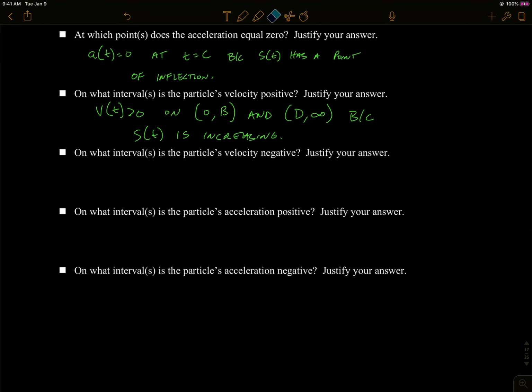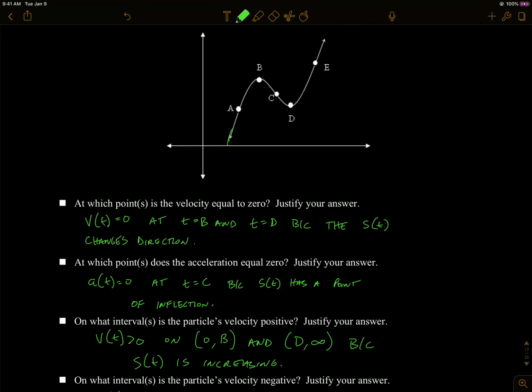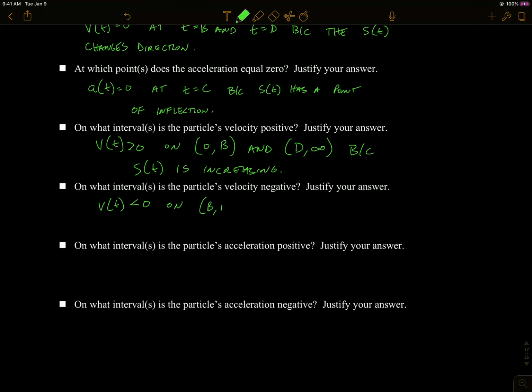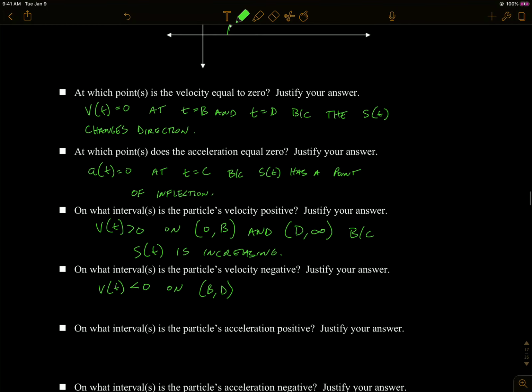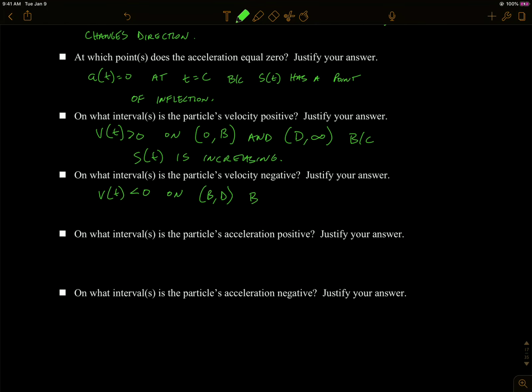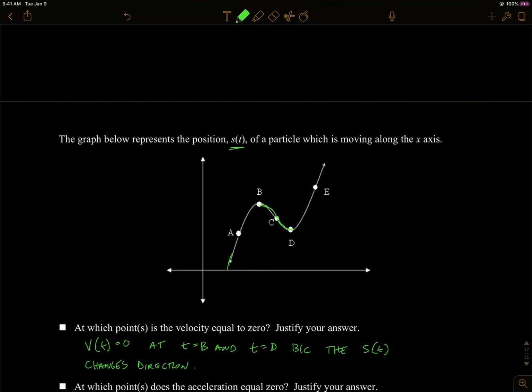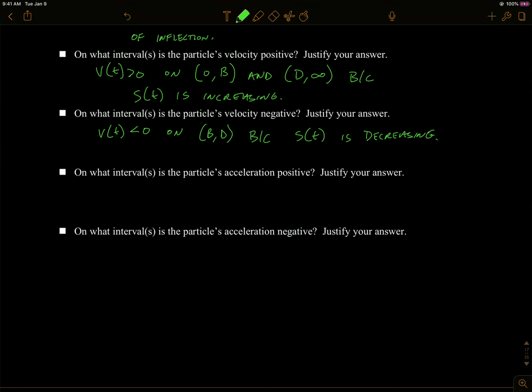So we'll say that velocity is negative on the interval from b to d, because that's when the position is decreasing. And by the way, I used p to be my position function in the notes above. A lot of times s of t will be used to represent position function.